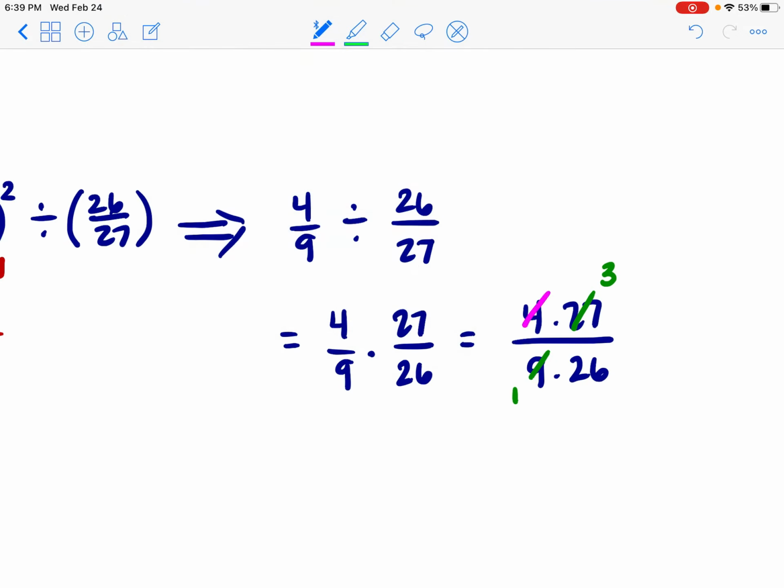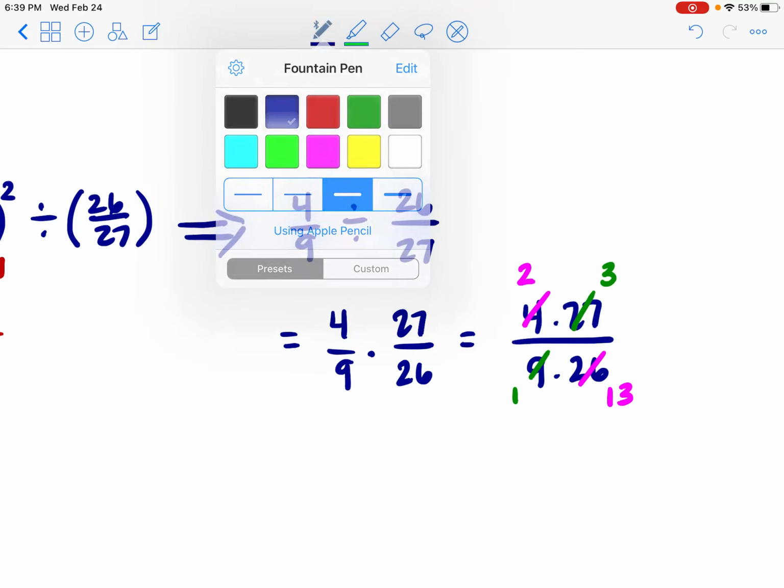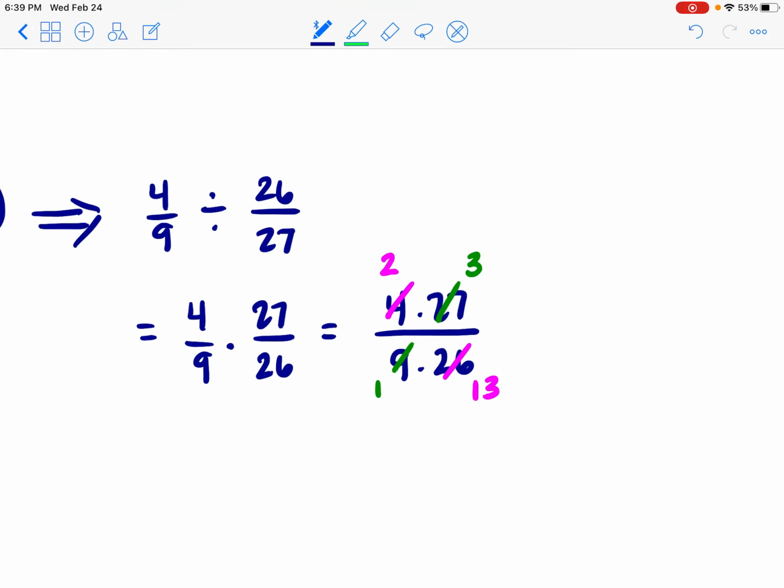So I can divide here, 4 divided by 2 is 2, and 26 divided by 2 makes 13. So if we want to use that shortcut of reducing, we're going to make our lives a little easier, right? So from here, on the top, what's left is 2 times 3, which is 6. And on the bottom, it's 1 times 13, which is 13. So 6/13 is our result.